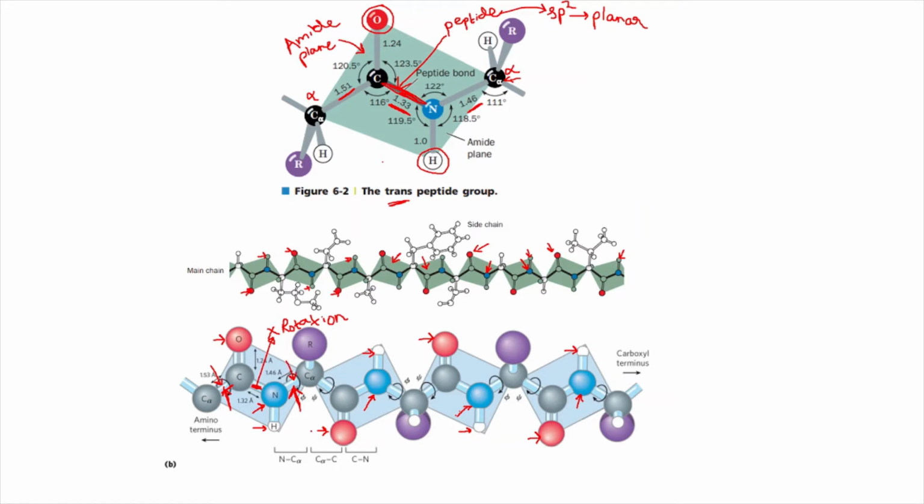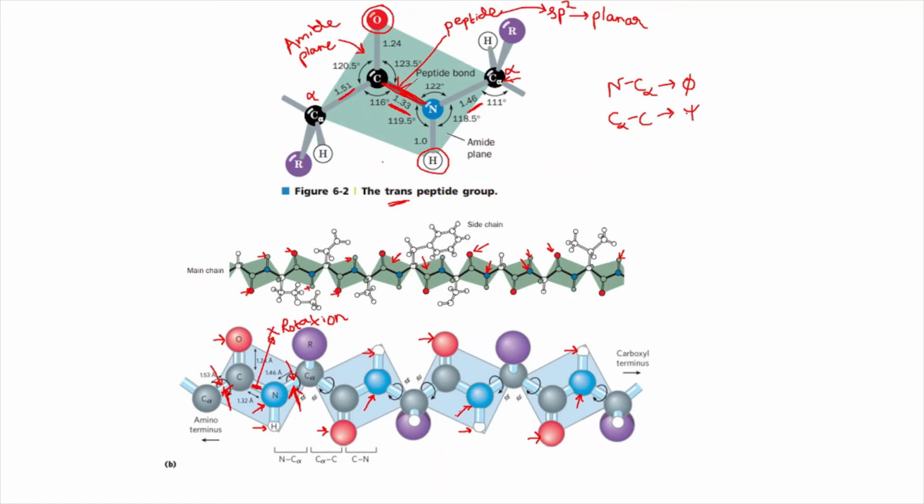Now the bond angle present between N and C alpha is designated as phi, because it is rotatable, and the bond angle present between C alpha and C, because this bond is also rotatable, is called psi.